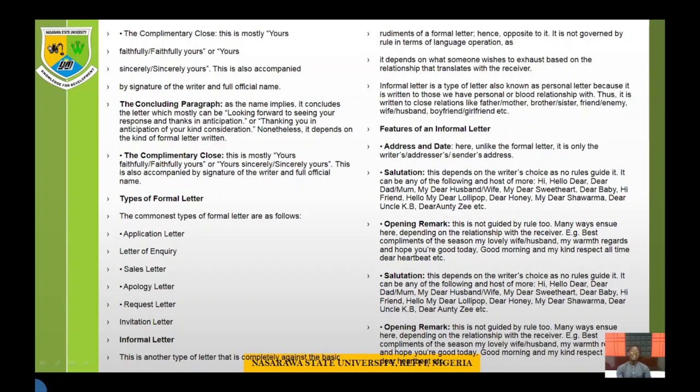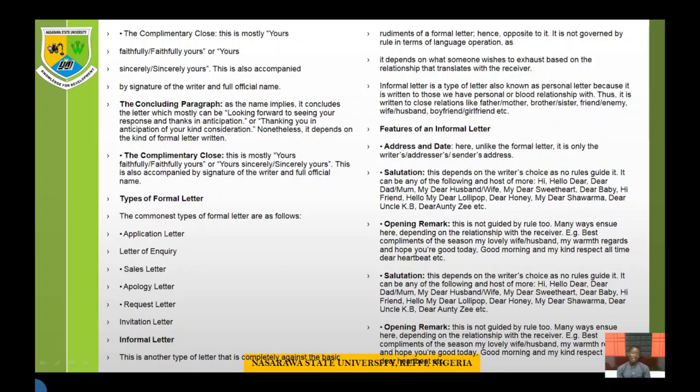Okay, informal letter now. As the name implies, informal. Informal letter is unlike formal letter. Another name for informal letter is personal letter, because the writer and the receiver of the letter have something in common, something personal.